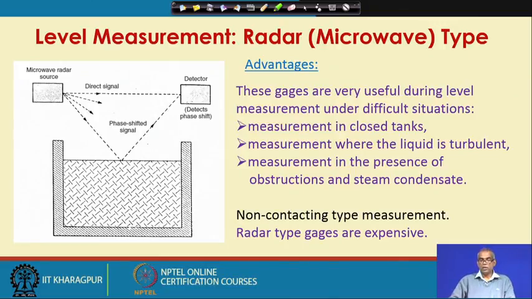So, during measurement in closed tank, where the liquid is turbulent, and in the presence of obstructions or steam condensate, the radar type or microwave type are very useful. Note that this is non-contacting type measurement, however, radar type gauges are expensive.